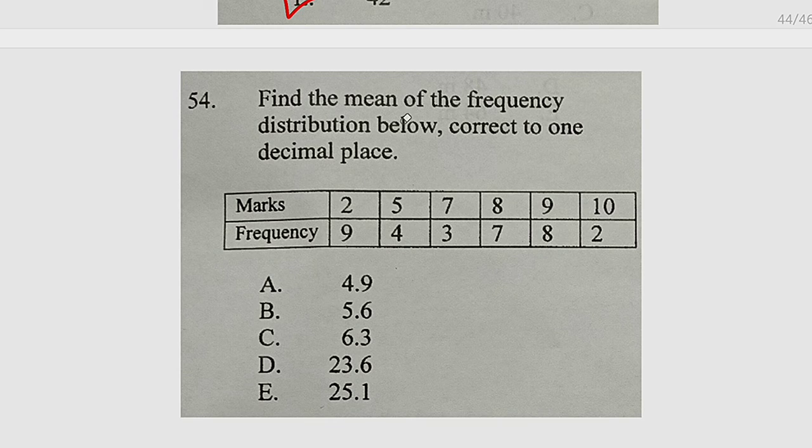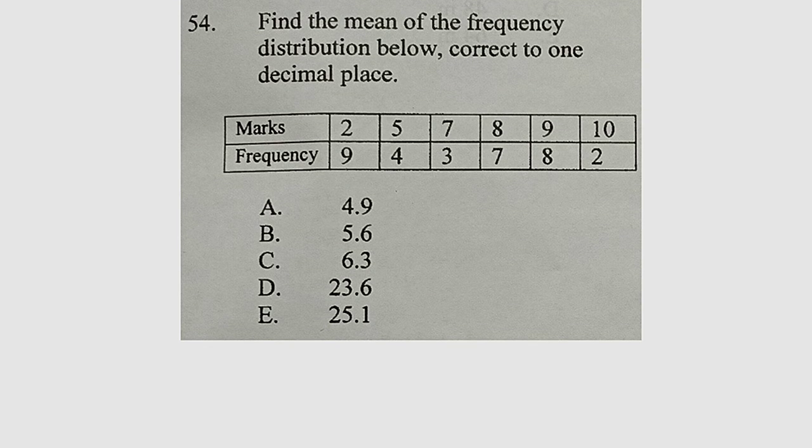We are asked to find the mean of the frequency distribution below, correct to 1 decimal place. Remember our formula: x bar, which is the mean, is equal to the summation of f multiplied by x, divided by the summation of f.